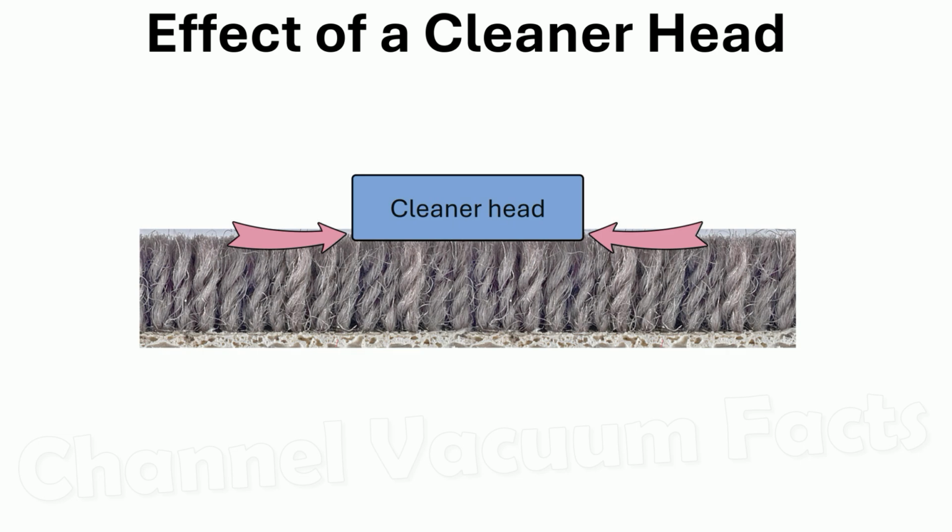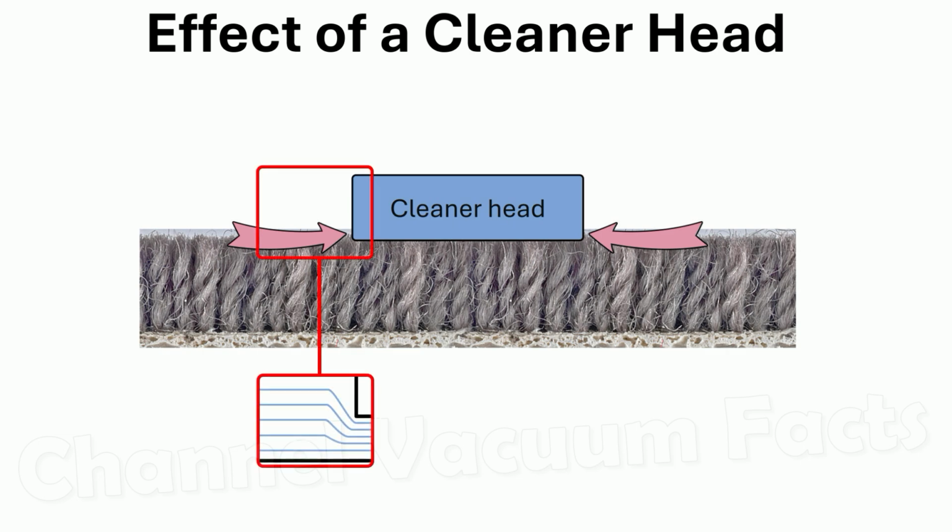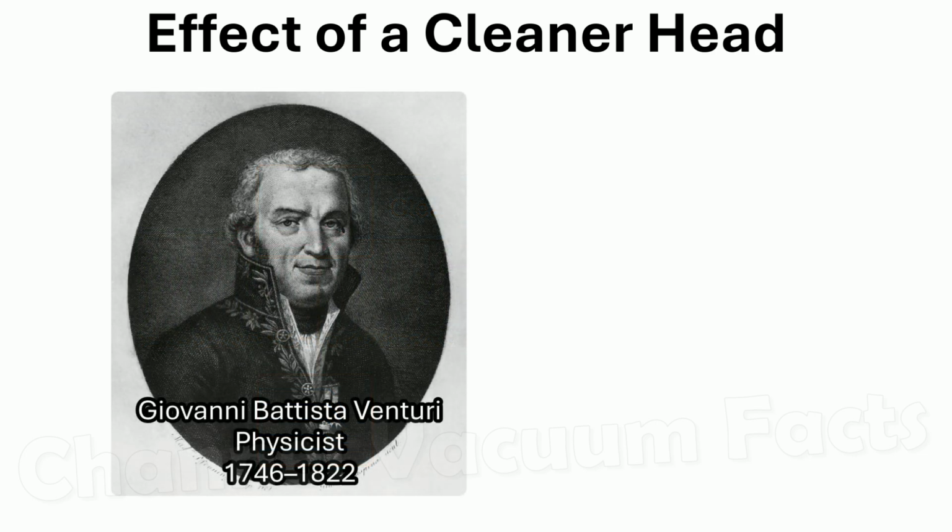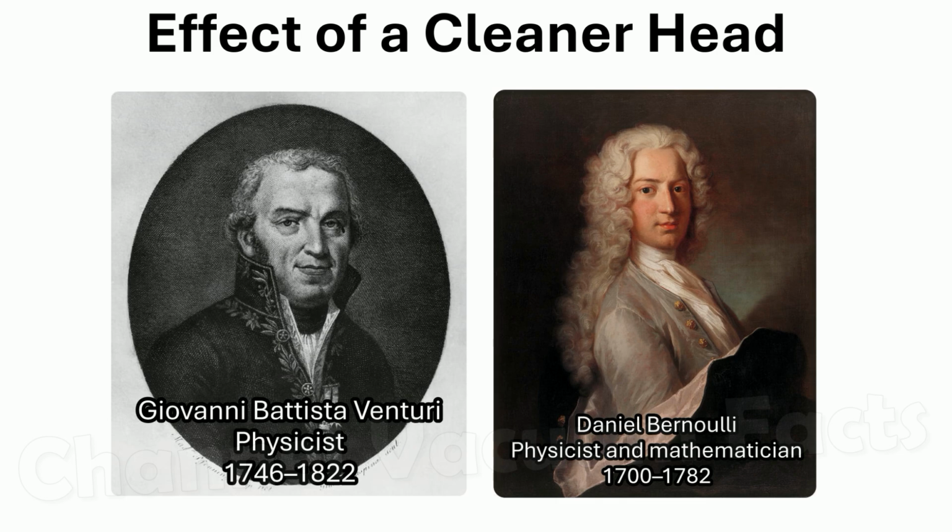Airspeed is increased by the cleaner head. When fully sealed to a carpet, the walls of a cleaner head act as a flow constrictor. There's a fluid dynamic effect that describes this, known as the Venturi effect, named after Giovanni Venturi, who discovered it, which itself is a special case of the Bernoulli effect, discovered by Daniel Bernoulli.